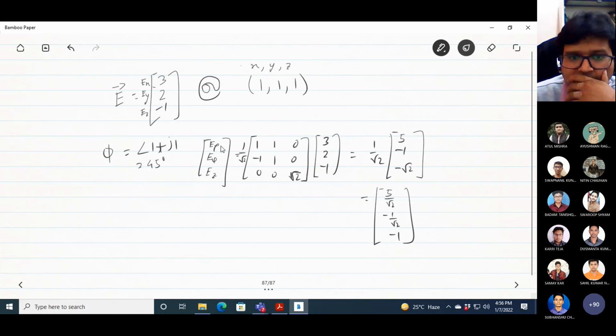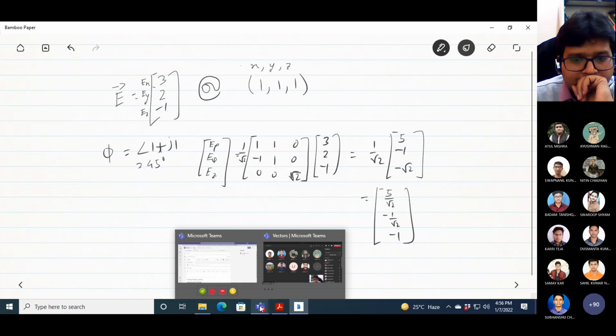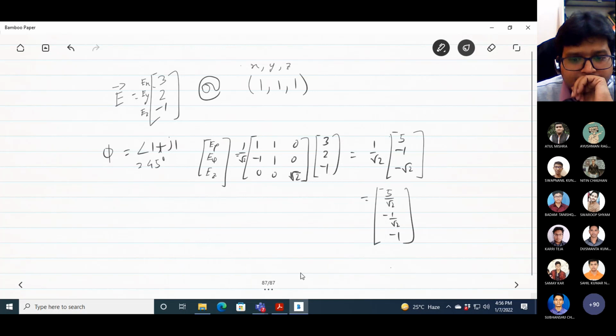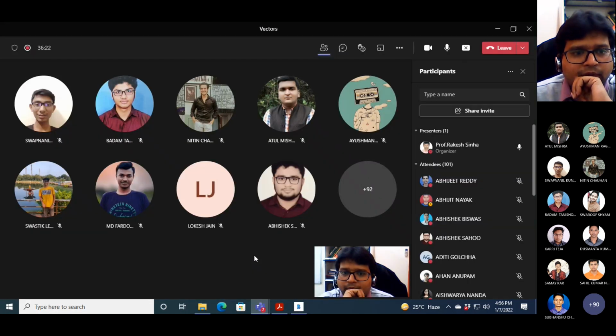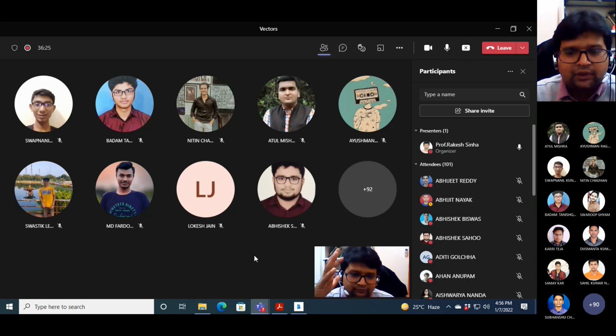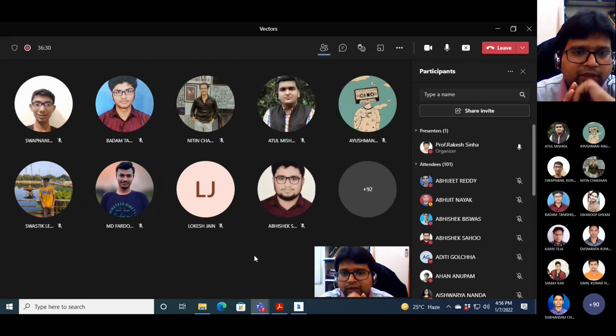So these are E rho, E phi, and Ez in the cylindrical form. Any doubt? If you have any doubt, please let me know, and I will try to re-explain, because this understanding is very important when you try to visualize the electric field in 3D space. This concept is very important.